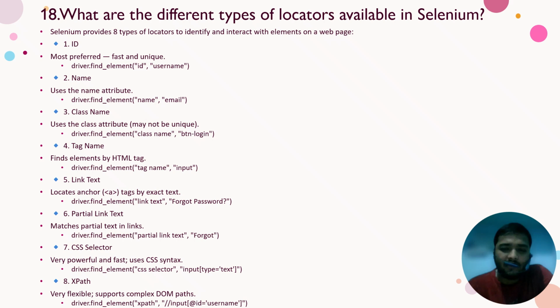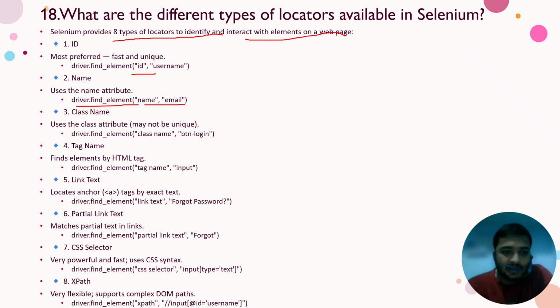What are the different types of locators available in Selenium? Selenium provides eight types of locators to identify and interact with web elements on pages. First, ID: driver.find_element with ID and a keyword. Then name: driver.find_element with name and email ID.